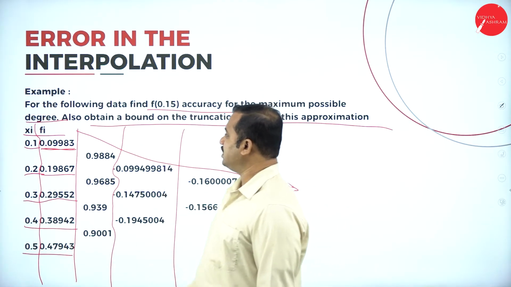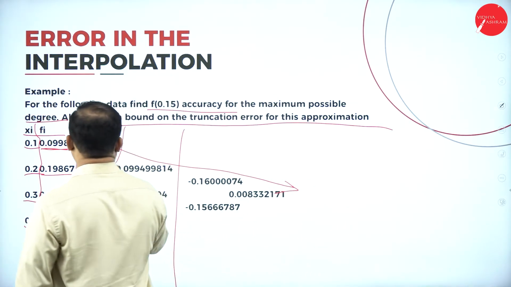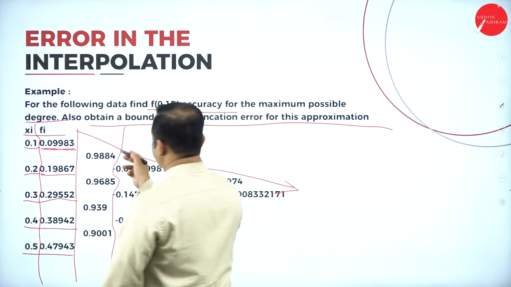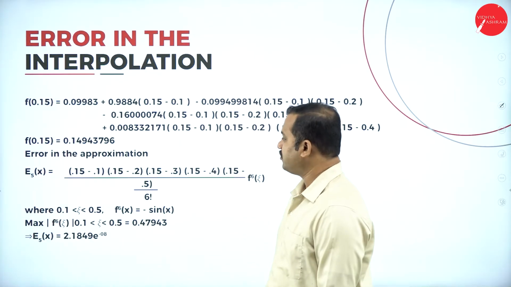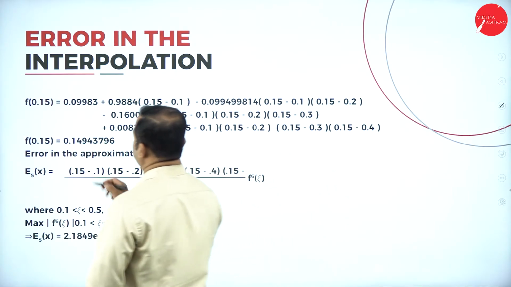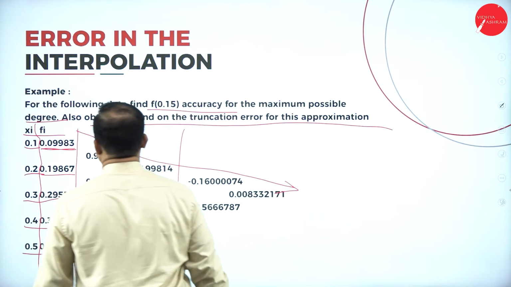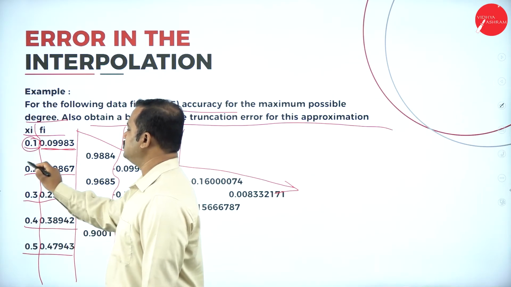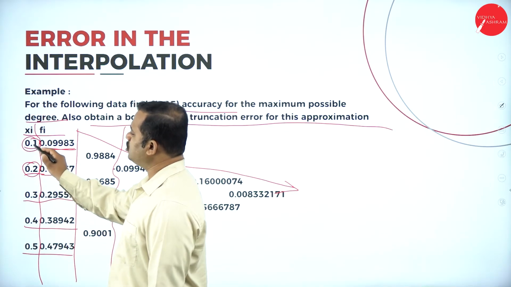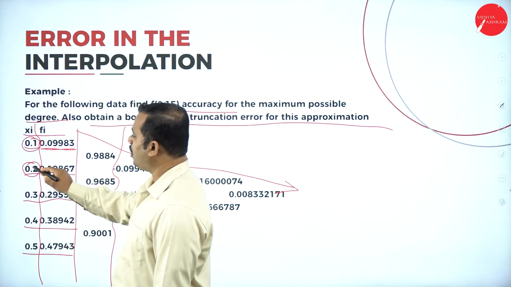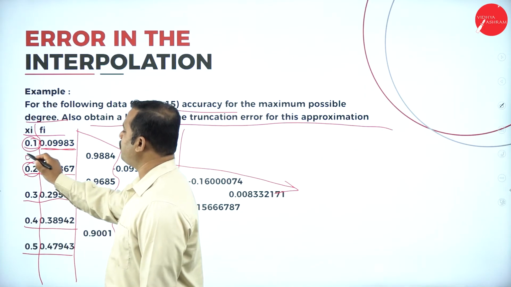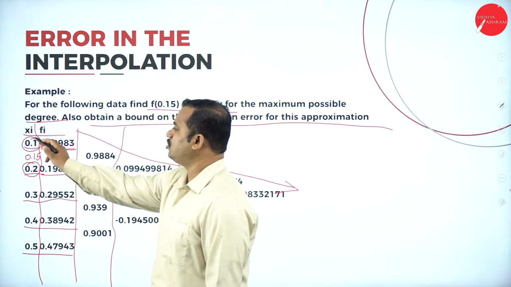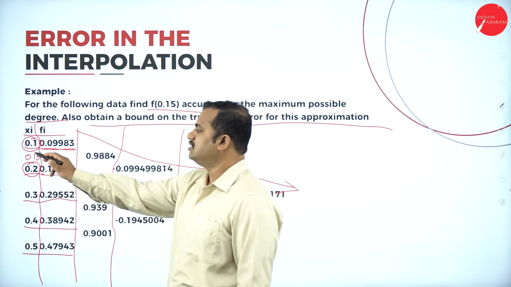Now I have to apply these values onto the formula. If I substitute these values into the formula, what is the value I am going to get? Let me show you that. I have to find the value at 0.15 because 0.1 is this, 0.2 is this. Between 0.1 and 0.2, I have 0.15.